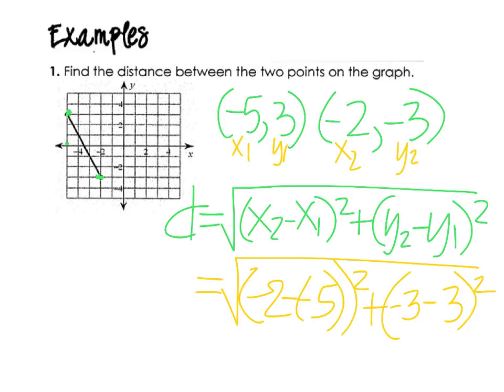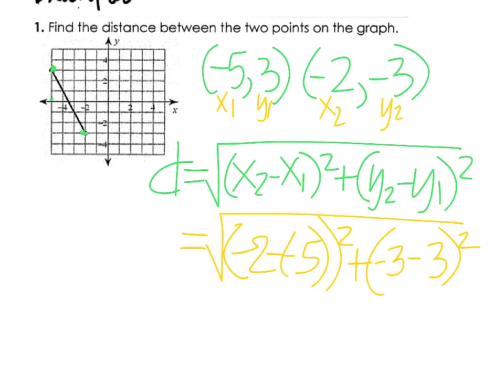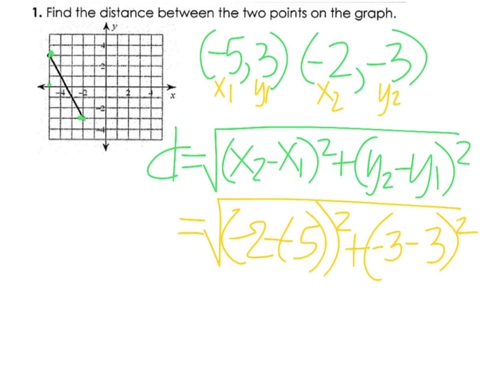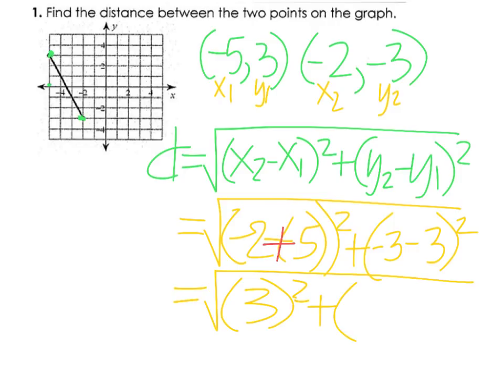All right, now we're just solving. So we want to simplify what's inside the square root, so inside the parentheses. So -2 minus a -5 is the same thing as +5. So -2 plus 5 gives us +3 squared plus -3 minus 3 gives us -6 squared.